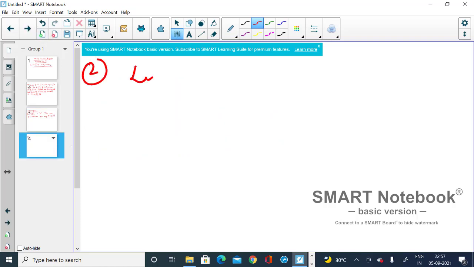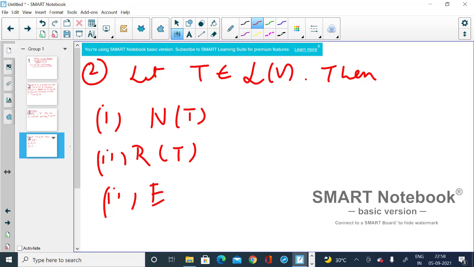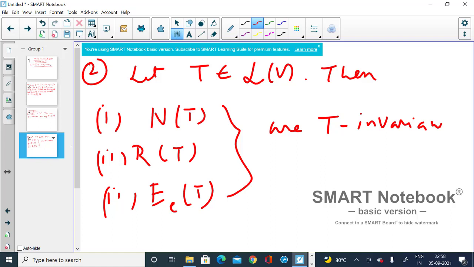Now we can have many other examples. For a given linear operator T belonging to L(V), you have some subspaces, for example the null space, then the range space, then the eigenspace for some eigenvalue c of T. They all are T-invariant, and it is not so difficult to check.